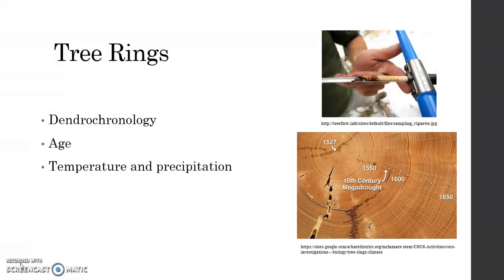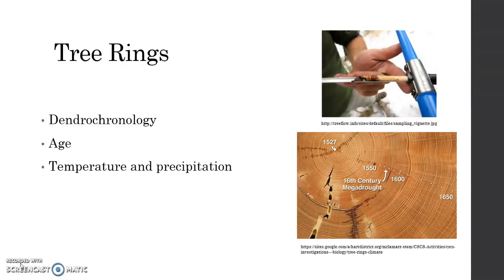Scientists can determine the age of the tree by counting the rings in the sample. In addition, they can look at the width of a ring. The greater the width of an individual ring, the greater the growth of the tree. Knowing the requirements for a specific species of tree is also important when scientists are analyzing tree rings, because some trees require wet conditions, whereas others may need warm temperatures, for example.